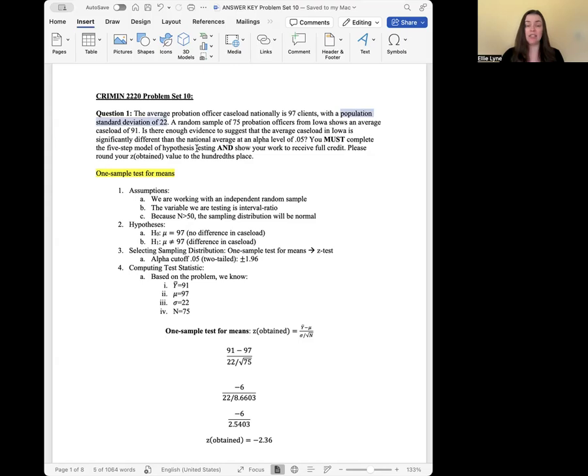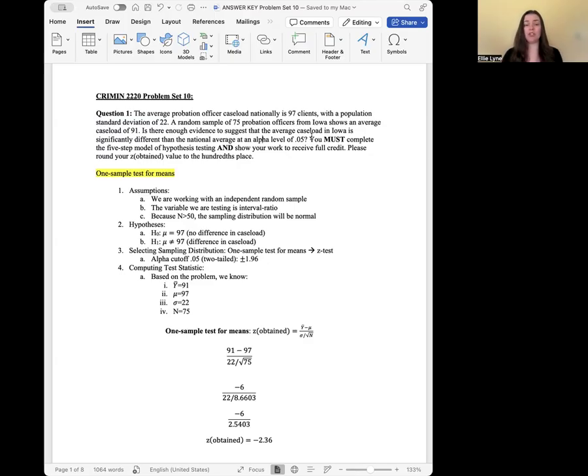That signals to me that we're comparing probably one distinct group versus an entire population. In the second sentence, we have a random sample of 75 probation officers from Iowa that shows an average caseload of 91. Then our question asks, is there enough evidence to suggest that the average caseload in Iowa is significantly different than the national average at an alpha level of 0.05?